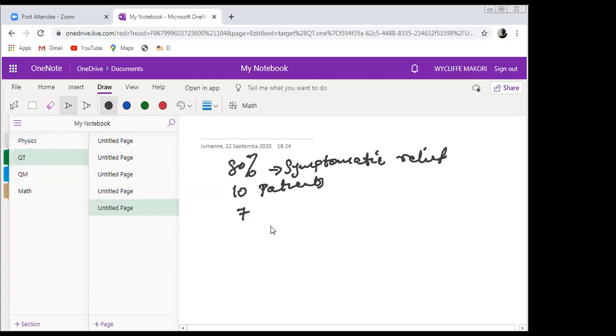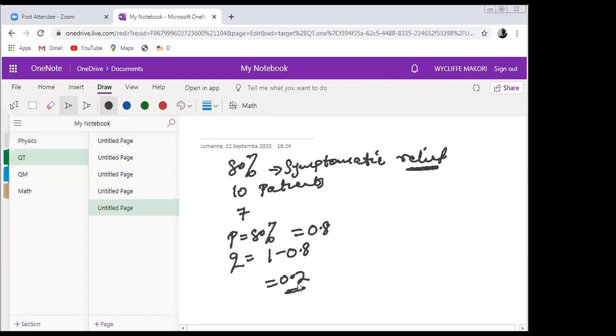One thing you'll realize is that 80% is the probability of success, that those patients are going to register relief. Therefore, P is equal to 80%, which is the same as 0.8. Therefore, Q will be equal to 1 minus 0.8, which is 0.2.